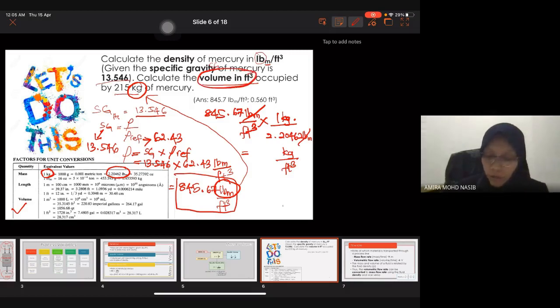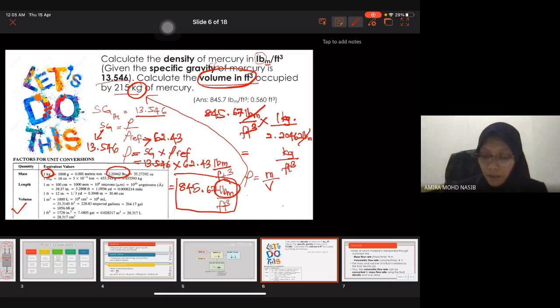Alright, so we know that rho equal to mass per volume. So we have the density, right? Yes, these are the density actually, right?